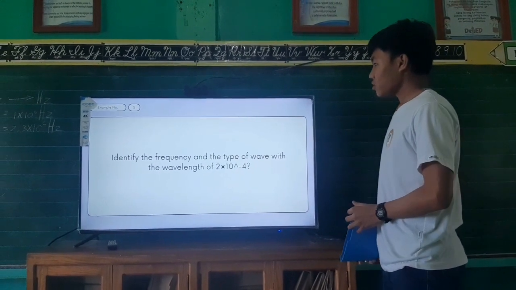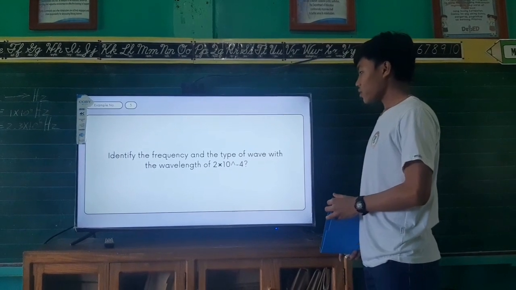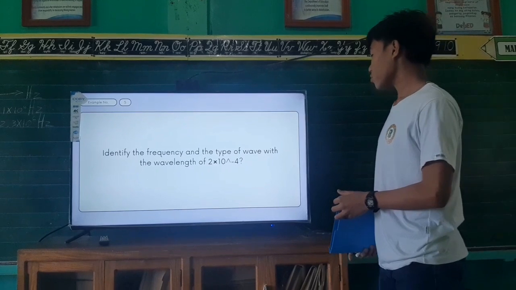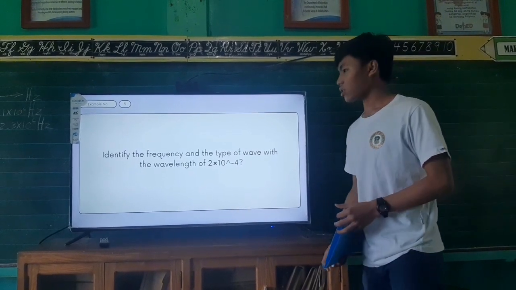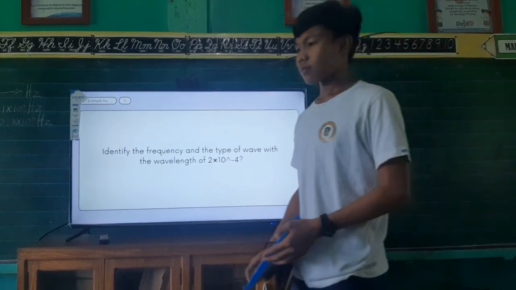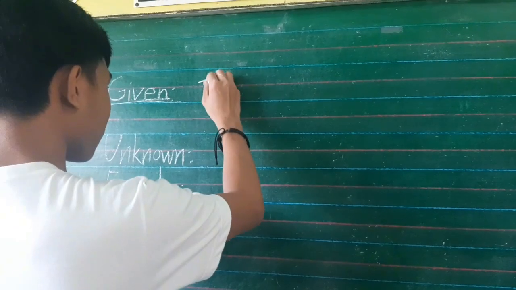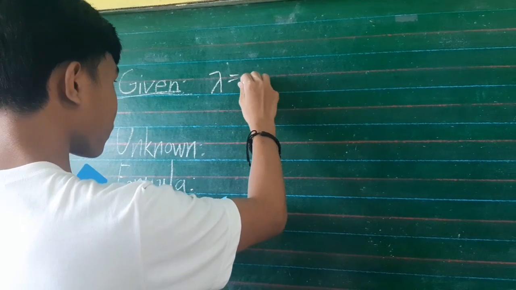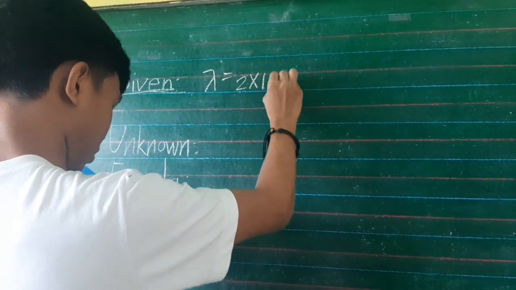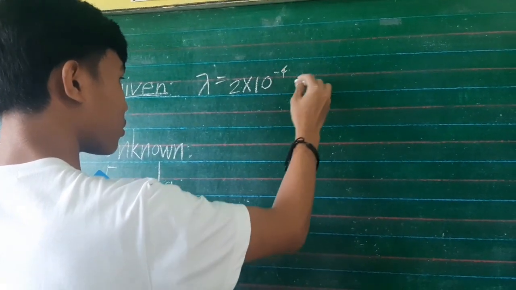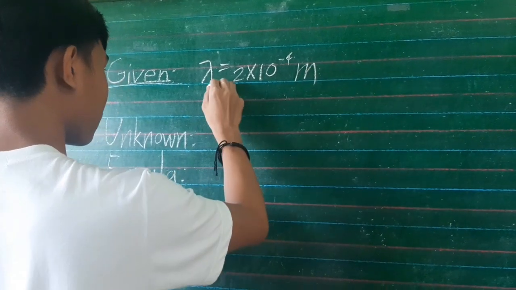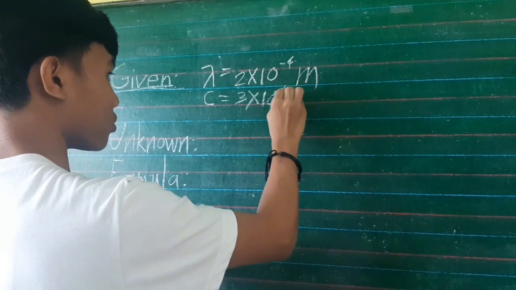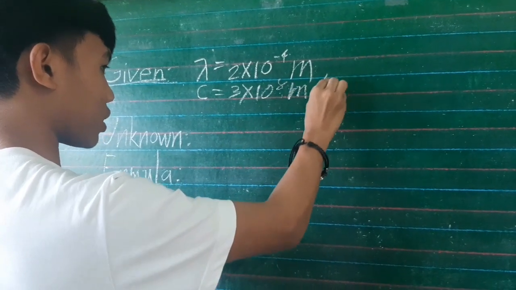In this example, it says: identify the frequency and the type of wave with the wavelength of 2 times 10 raised to negative 4 meters. First, we identify the given, which is the wavelength being 2 times 10 raised to negative 4 meters, and the wave speed being 3 times 10 raised to 8 meters per second.